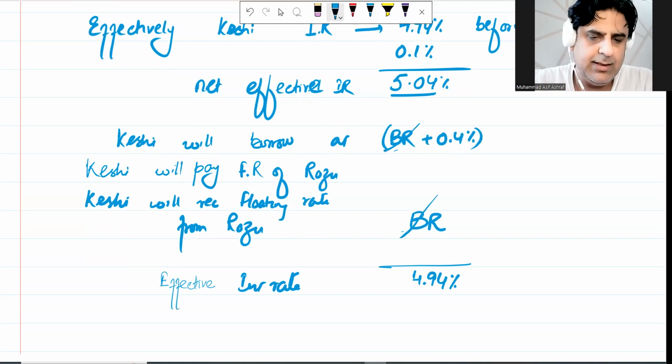Cancel it. So we are left with 4.94 and 0.4% negative. So it is the balancing figure. This is the amount which Kishi will pay at fixed to Rozu.